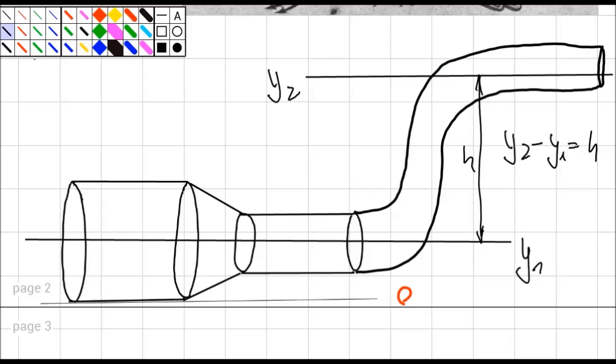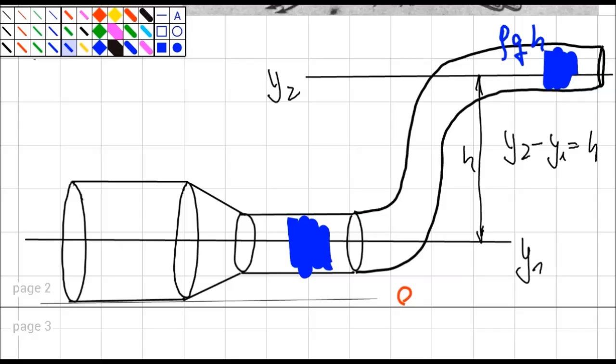So obviously when you lift a parcel of fluid from, let's say, down here to up here, you add to the potential energy, or this parcel of fluid gains rho g h.